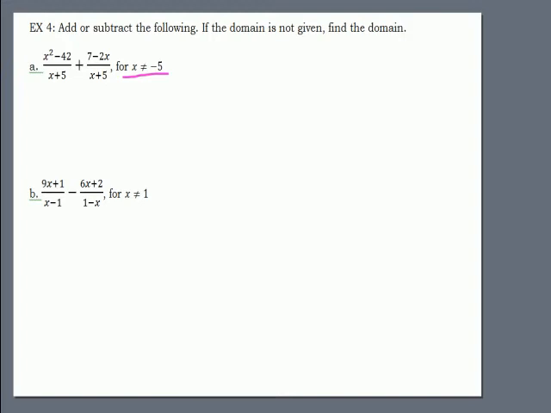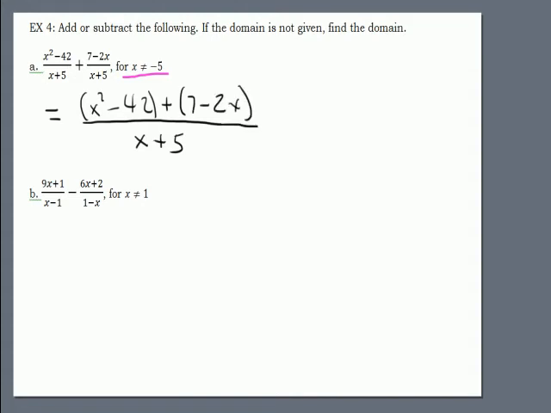Alright, so since we have a common denominator, following with our rule from before, we can say this should be equal to, well, I got a common denominator among the two things. X plus 5 goes on the bottom. I can take that x squared minus 42 plus the quantity 7 minus 2x. And again, this is just fitting with that form.